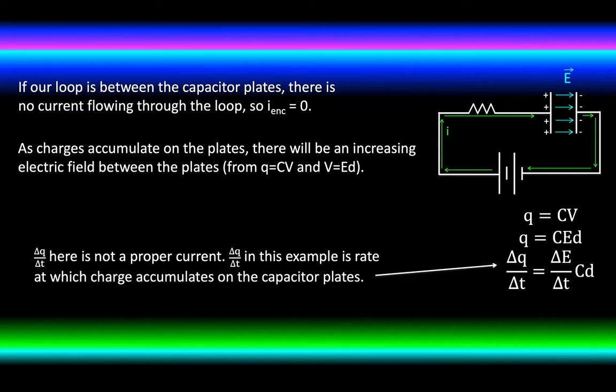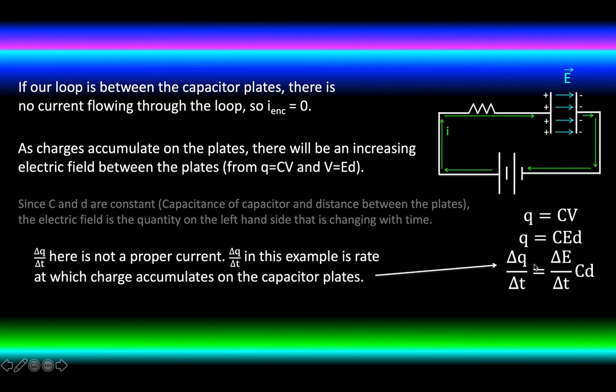Now here, delta Q over delta T is not a proper current. A current is moving charges, usually in a wire. So delta Q over delta T is not a proper current, but it's kind of like a current because it is the rate at which charges are being deposited onto the plates, and it is causing the electric field between the plates to grow. Since C and D are constant, I'm not going to worry about them.